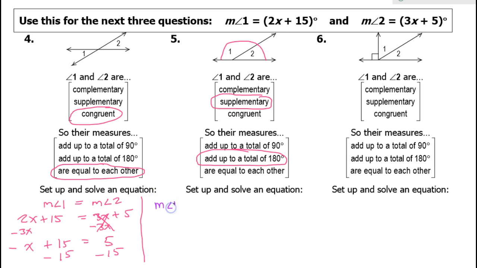They have to add up to 180 degrees. That means the measure of angle 1 plus the measure of angle 2 has to equal 180 degrees. The measure of angle 1 is 2x plus 15, plus the measure of angle 2, which is 3x plus 5, and that has to equal 180.